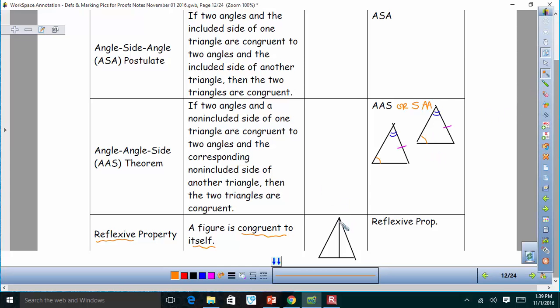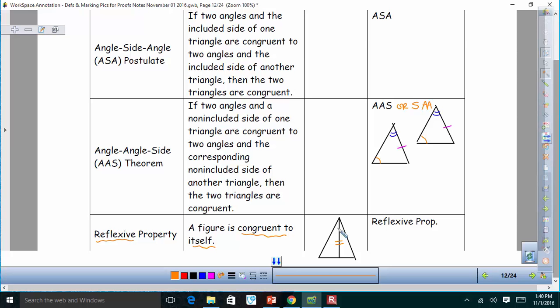This line is reflexive to itself because whether I'm looking at the left-hand side of the line or the right-hand side of the line, it's going to be the same length. So I'd put tick marks to let me know that this is congruent to itself. Okay, so we're good on definitions?